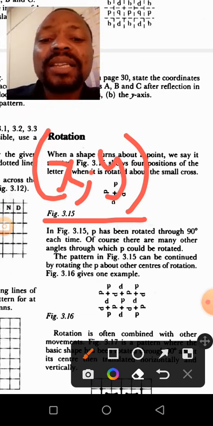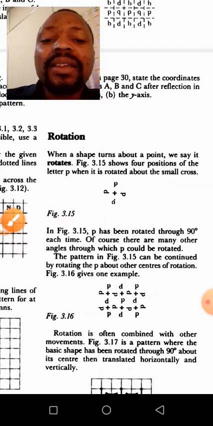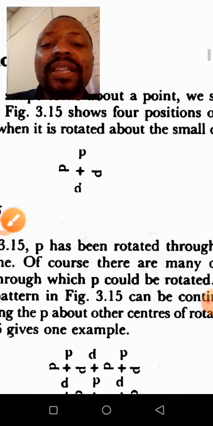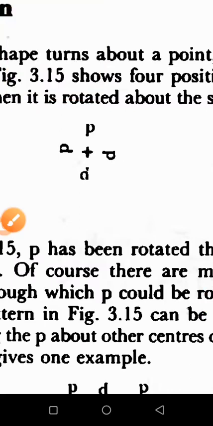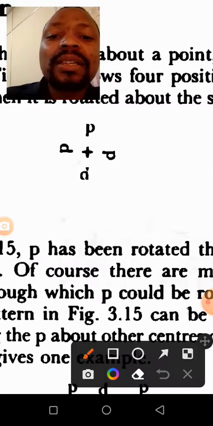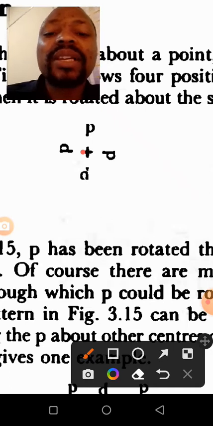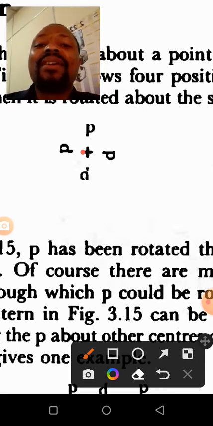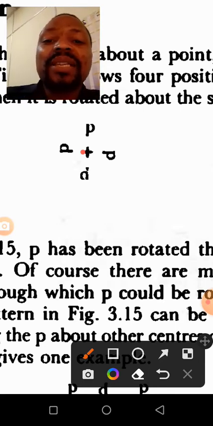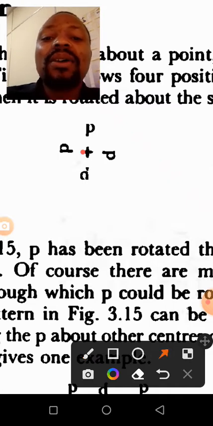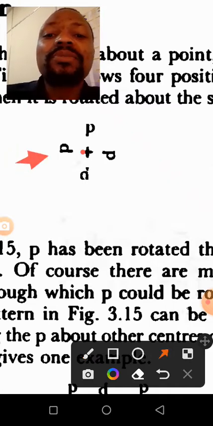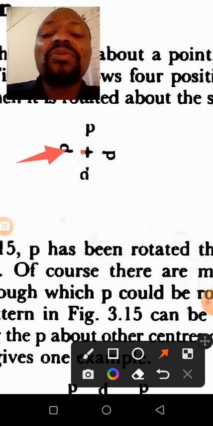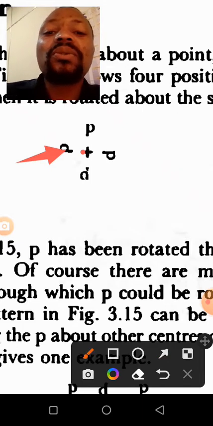In our case here, at that center is where we have the point of rotation. Maybe we want to start our rotation from this P, and we can say we are moving in a clockwise direction, maybe moving this way.